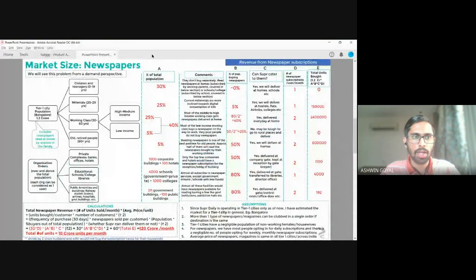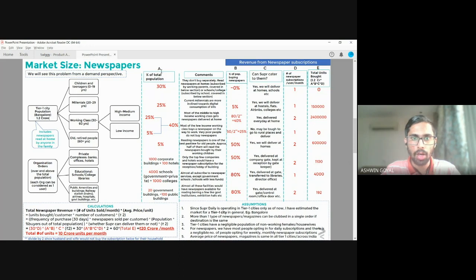So here I've identified the market size. I've divided the population, let's say, of Bangalore. Since Super Daily is there in tier 1 cities only, we are just targeting tier 1 cities. So Bangalore is an example, a typical tier 1 city. And I've divided this down into various categories of people who can order newspapers, or who can buy the newspaper subscription.